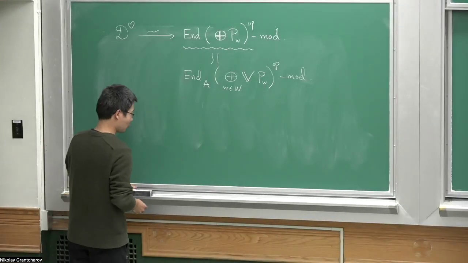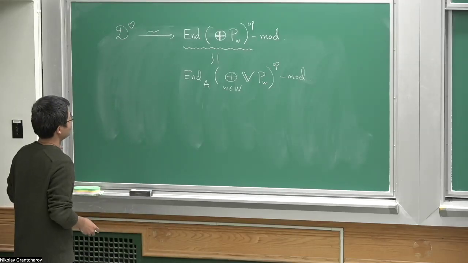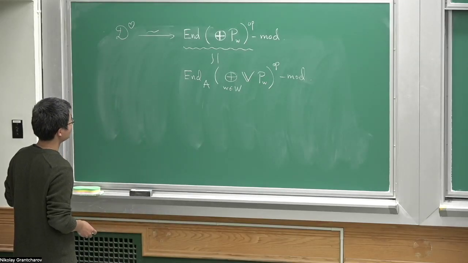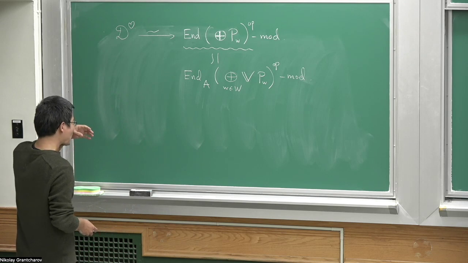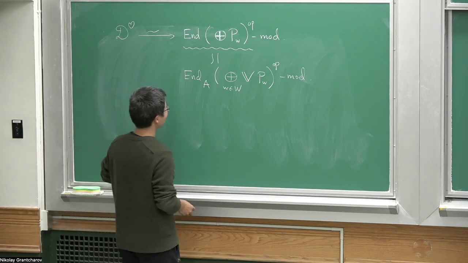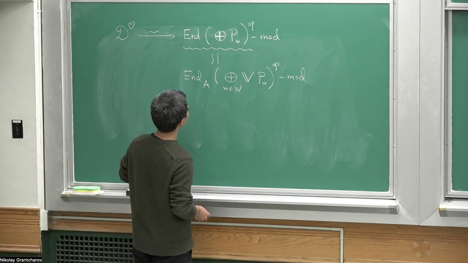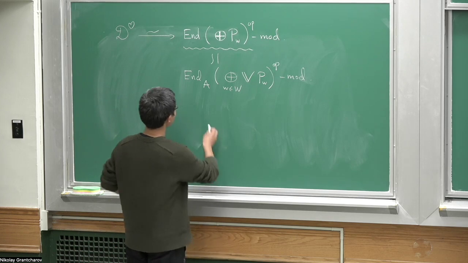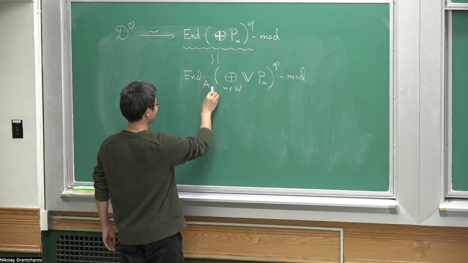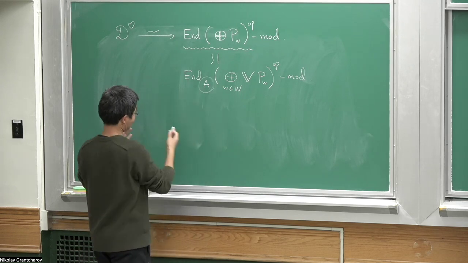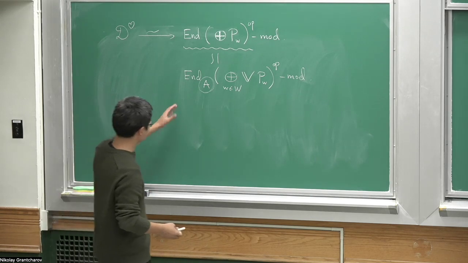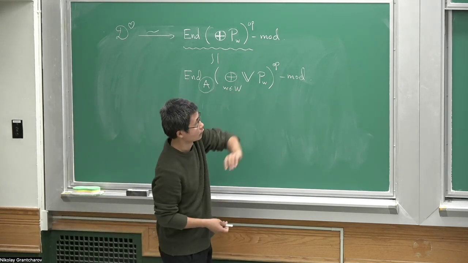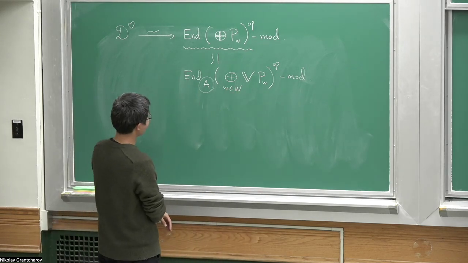It's not so clear at this point, but first of all, this A is a familiar ring. It's the coinvariant algebra.